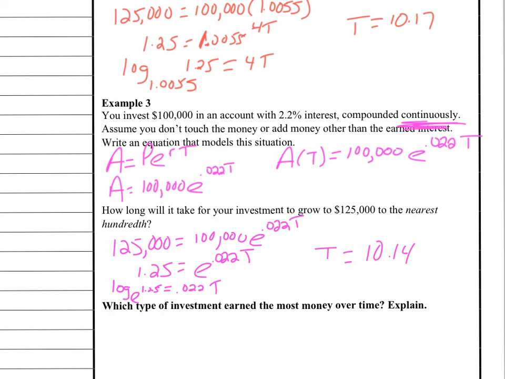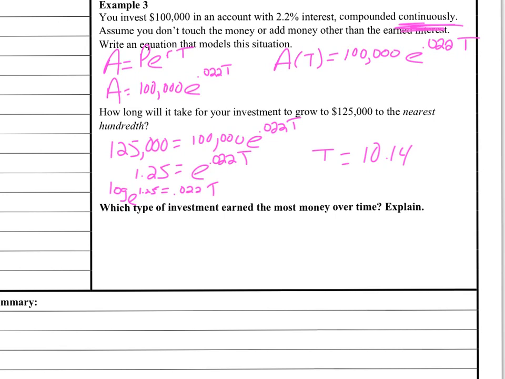All right, which type of investment earned the most money over time? And that's the compounding continuously. Obviously, it took less time to make the 125,000, so it's going to make more money. When you're compounding and adding the money continuously to it, you're going to be making more money.